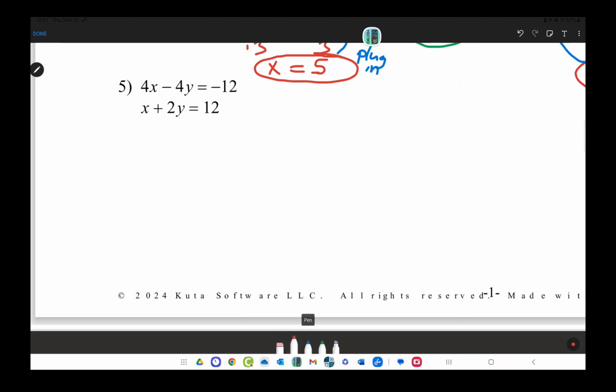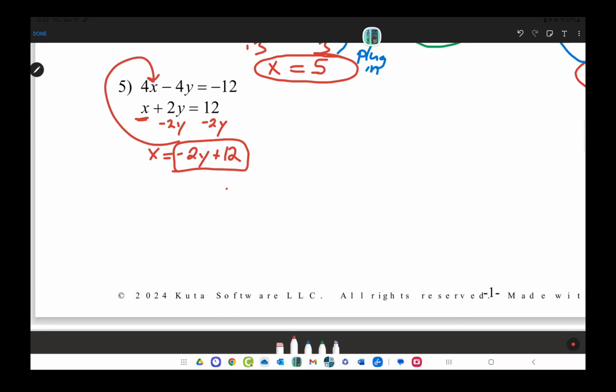Okay? So I'm going to solve for x by getting rid of y. The reason why I want to solve for x is because there's no coefficient with x. So subtract 2y, minus 2y, we get x equals negative 2y plus 12. So we're going to take this and replace this x here.